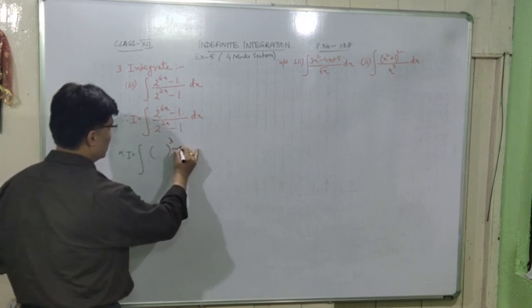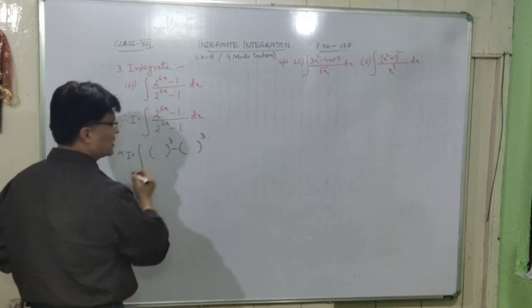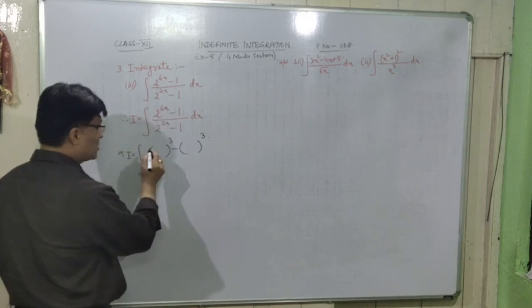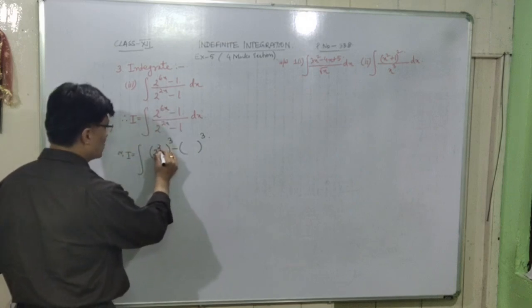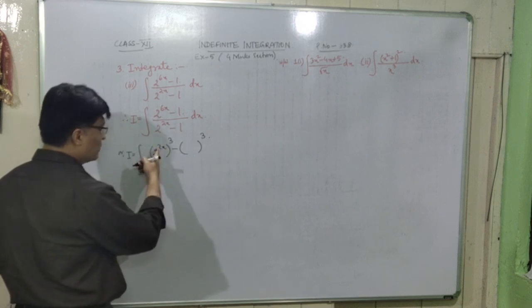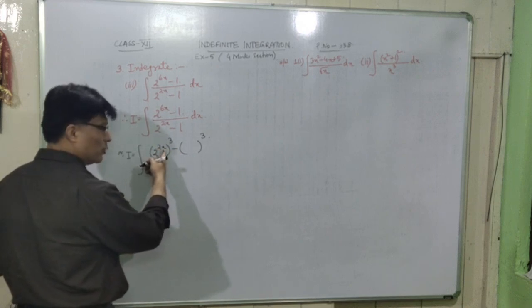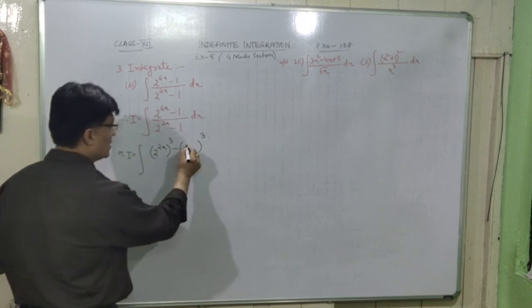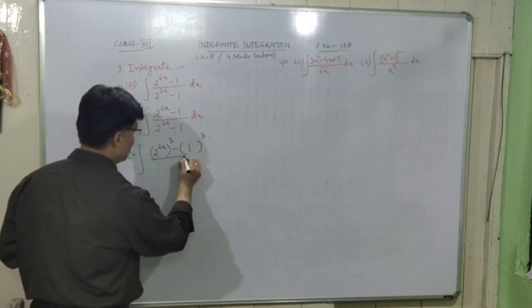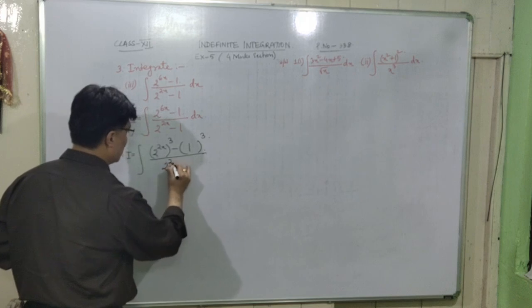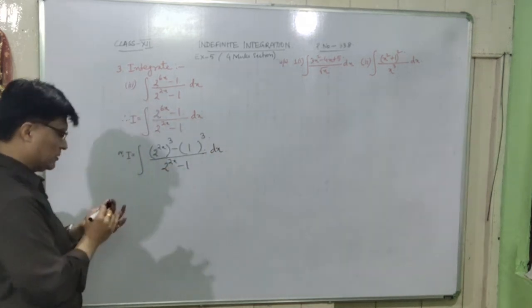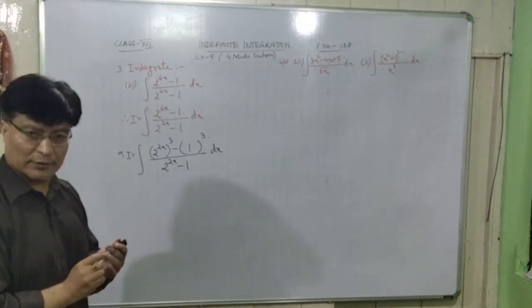This is your a cube minus b cube, right? So already a whole cube is there, but there is 2 to the power 6x, so it will be 2 to the power 2x. Because if you multiply them, you will get 2x into 3 is 6x, and this is 1, divided by 2 to the power 2x minus 1, then you can write dx here. I think you have understood it.